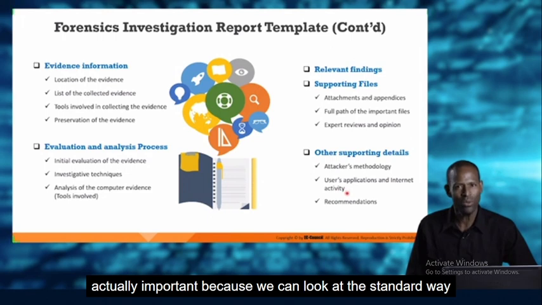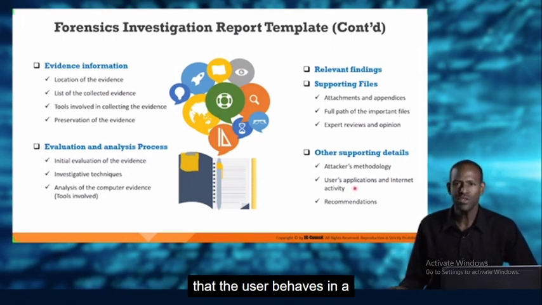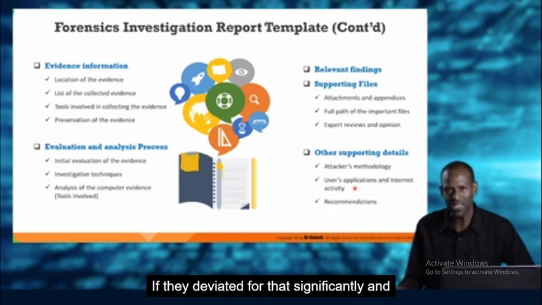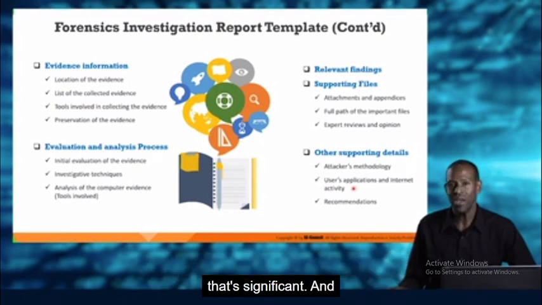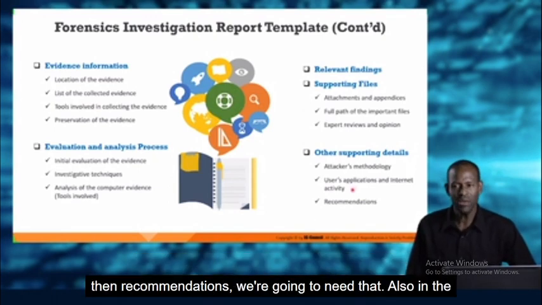This is actually important because we can look at the standard way that the user behaves, and if they deviated from that significantly, and that correlates with the criminal activity, then that's significant. And then recommendations, we're going to need that also in the report.